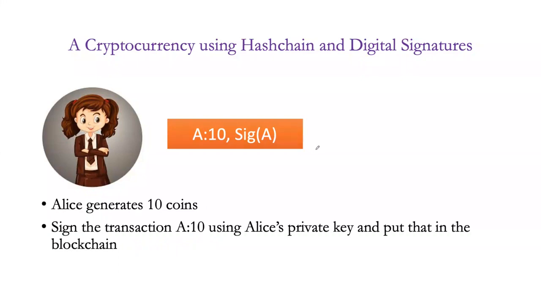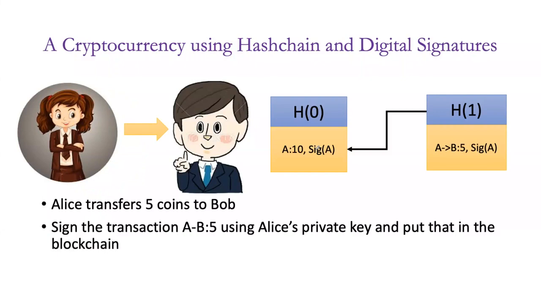It is put in the blockchain and can be used by any other users. How this is done in hashing: as we saw, every block has four fields: the previous hash field, the Merkle root field, the timestamp, and the data part. The data part of the block is used to generate the hash of the next block.